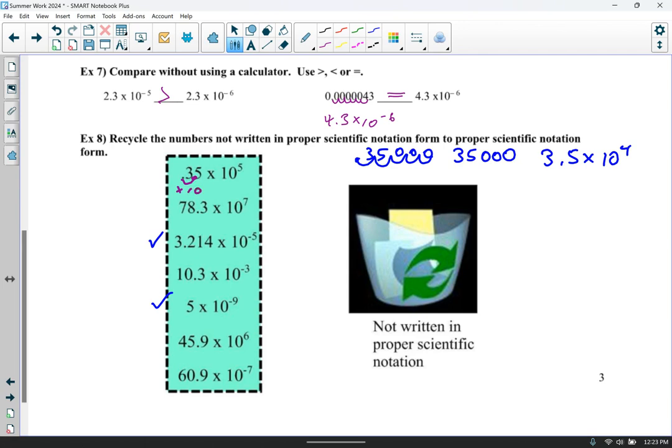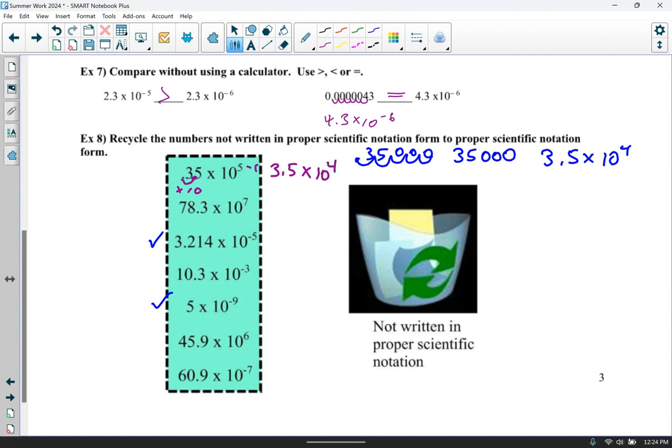To go from 0.35 to 3.5, we multiply by 10. I have to get that power of 10 somewhere. So I take it from our exponent, meaning I'm just going to subtract 1 power of 10 there, and I give it to the decimal number, multiplying by 10. That's where we get our 3.5 times 10 to the fourth.